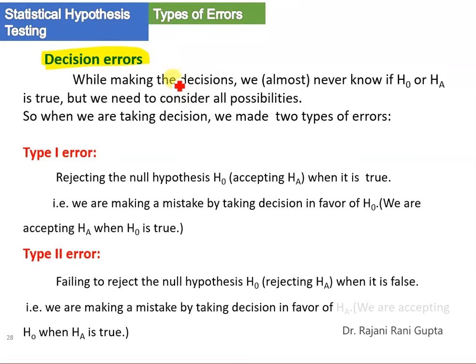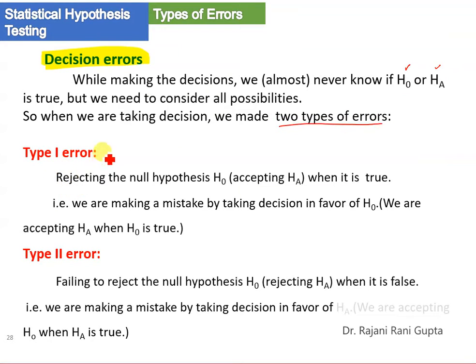When we make the decision, we never know if the null hypothesis is true or the alternative hypothesis is true. So we consider all the possibilities, that either the null hypothesis is true or the alternative hypothesis is true. On such a basis there are chances of making two types of errors.